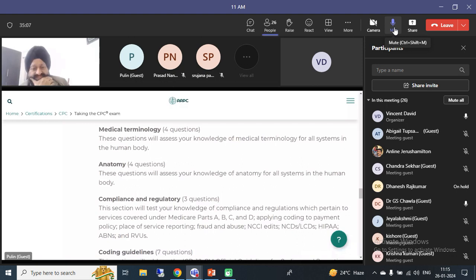Remember, CPC is the basic certification for medical coding. For example, in India, if you have the CPC certification, you can do your job lifelong. There is no restriction on that. We have more than 30 certifications from AAPC, but each and every coder needs the basic certification, CPC. If you have the CPC certification, you are able to survive your whole life without any problems.